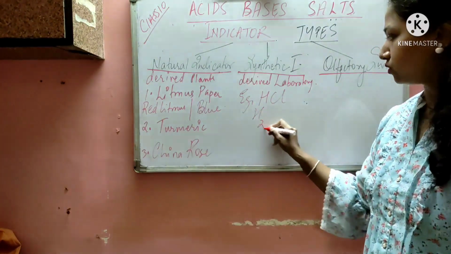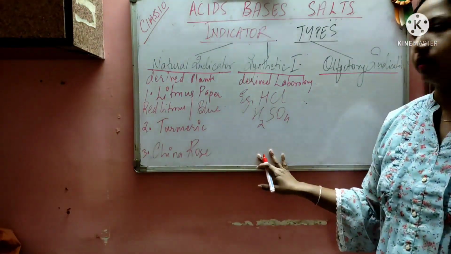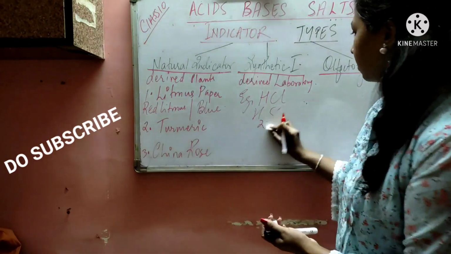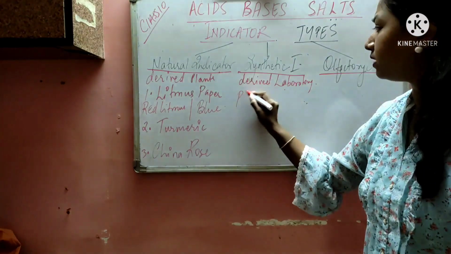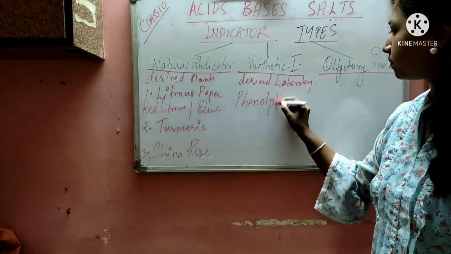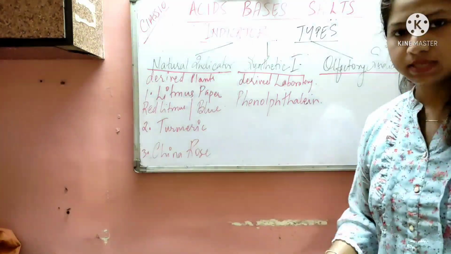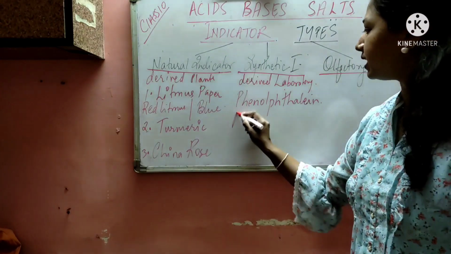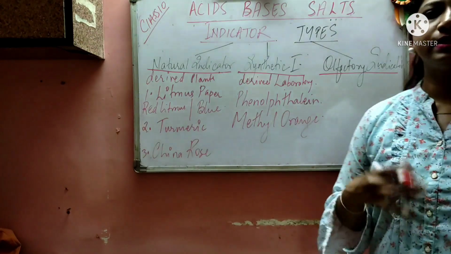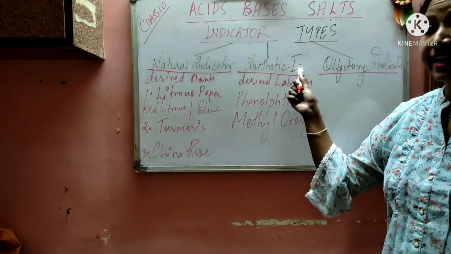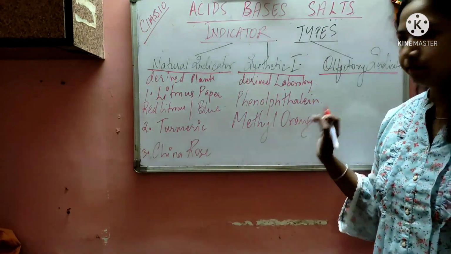Synthetic indicators are derived in the laboratory. Examples are phenolphthalein and methyl orange. These two are synthetic indicators.